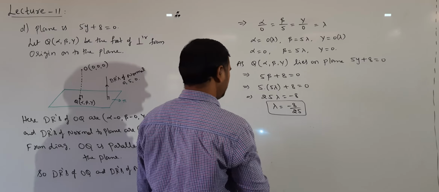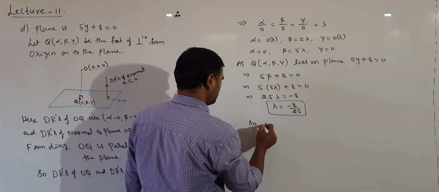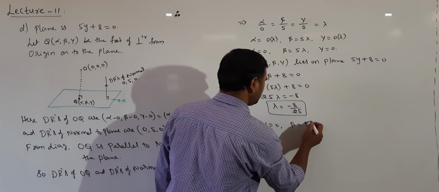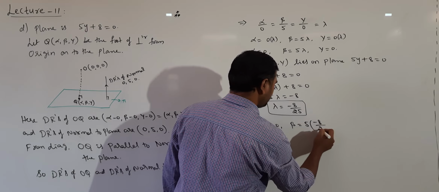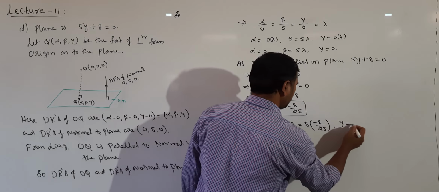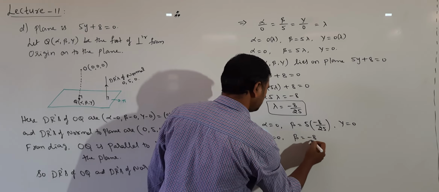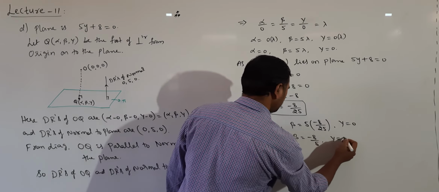So once we know lambda, what are the alpha, beta, gamma values? Beta is 5 into lambda, which is minus 8 by 5, gamma is 0. So alpha is 0, beta is minus 8 by 5, gamma is 0.